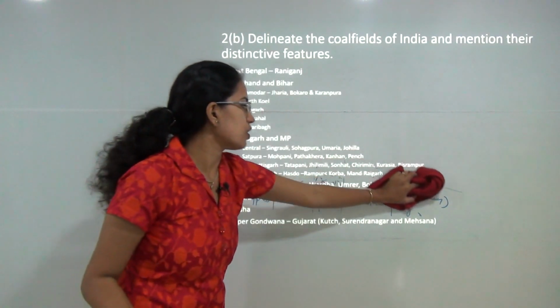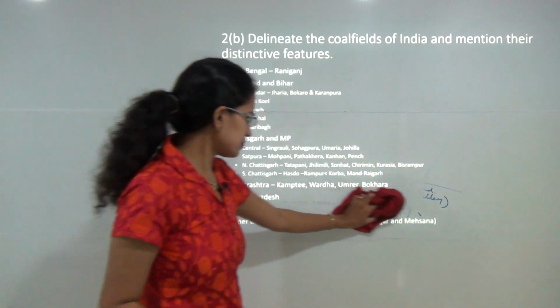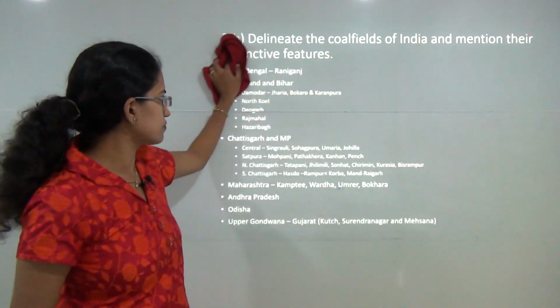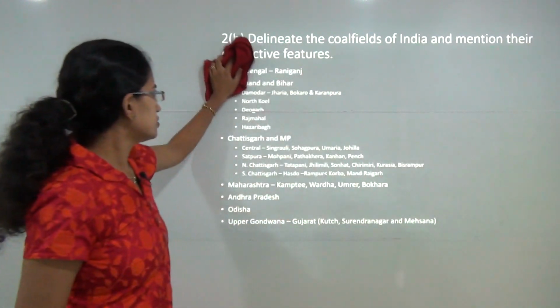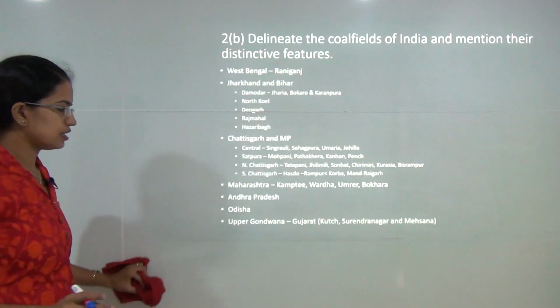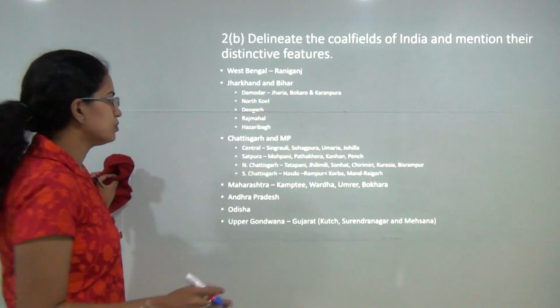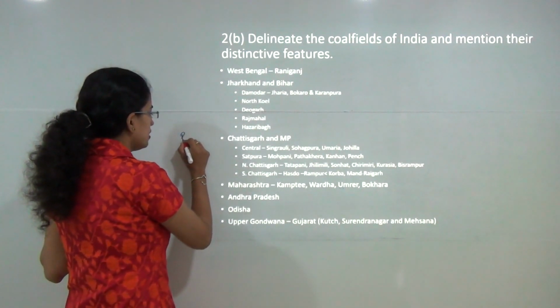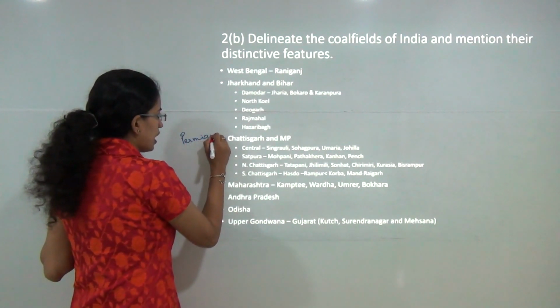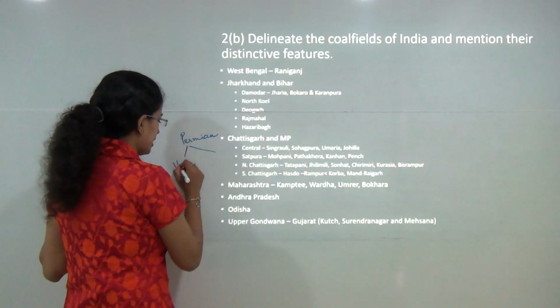Now the next question talks about the coal fields. We have the following list of coal fields that exist in India. I have tried to demarcate most of these here. You have the upper Gondwana that exists in Gujarat. However, in most of India you have mainly the Permian deposits, and they are classified into upper and lower.